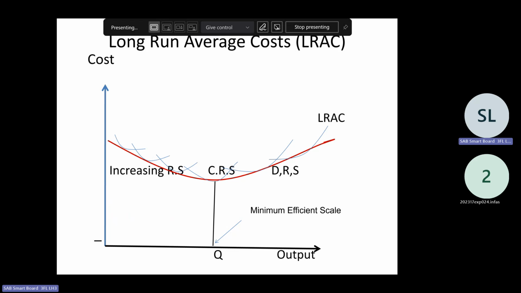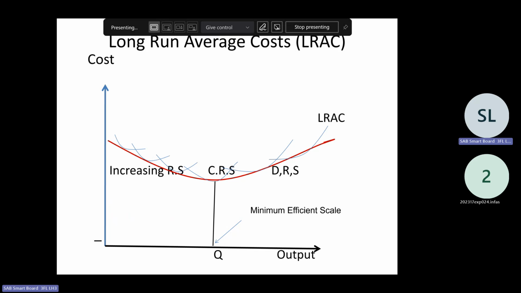That point is very important, because this is the particular point, the long run cost minimizing output level.